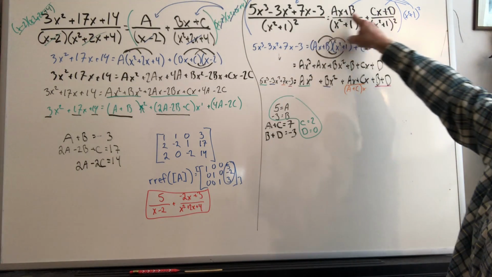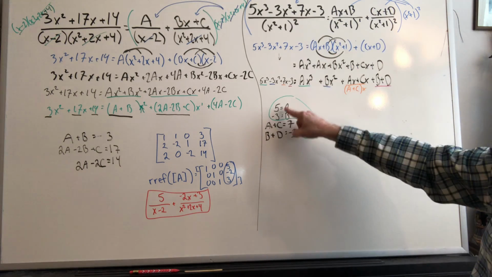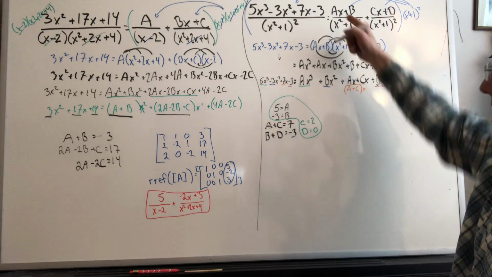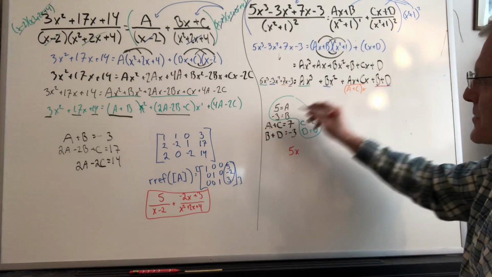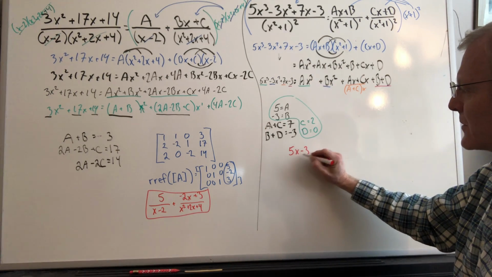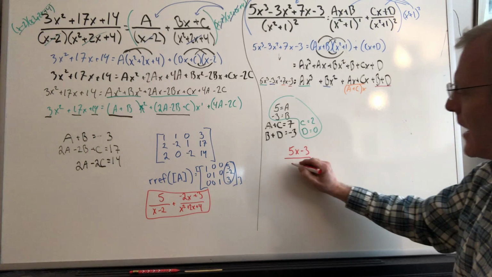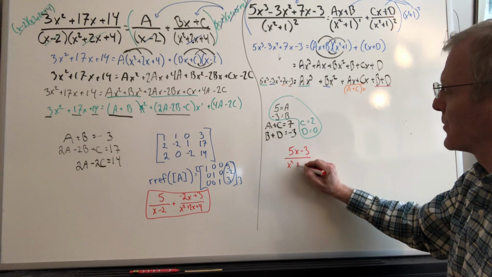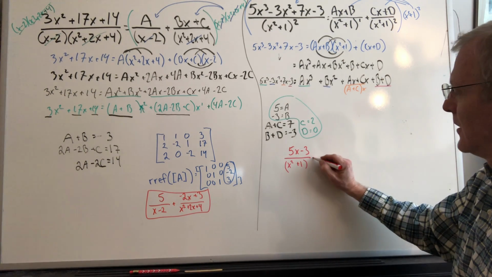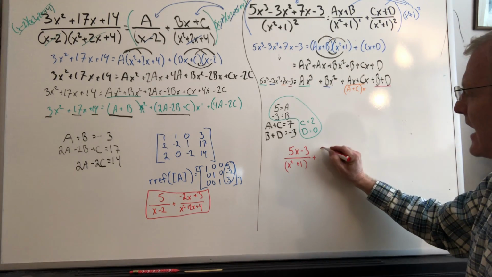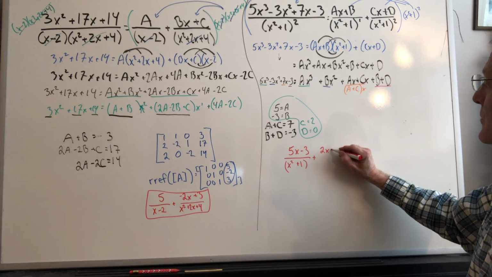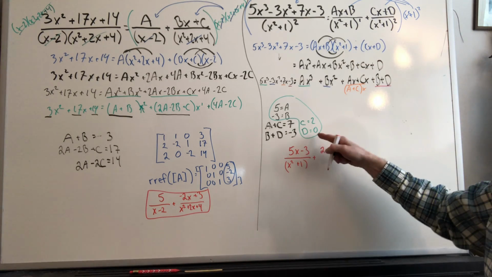So let's write out our final answer here. Back up to here. A, B, C, and D. That's what we were looking for. So here's what it looks like. (5x plus b, negative 3) over that denominator, x squared plus 1, plus c, which is 2 times x, plus d, which is 0.